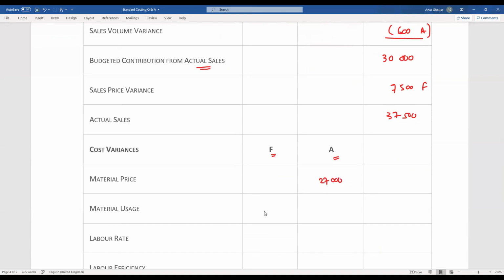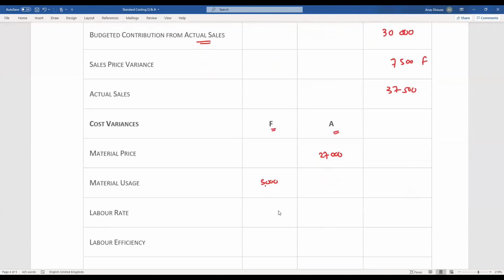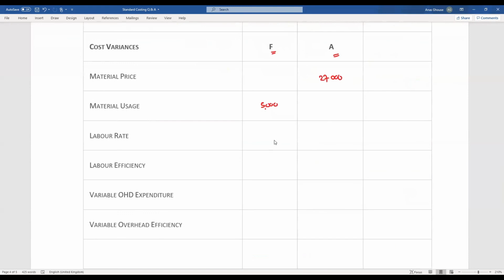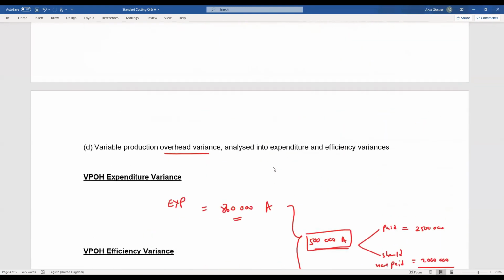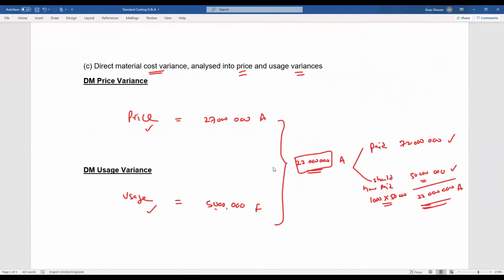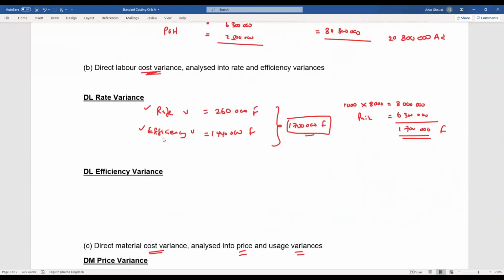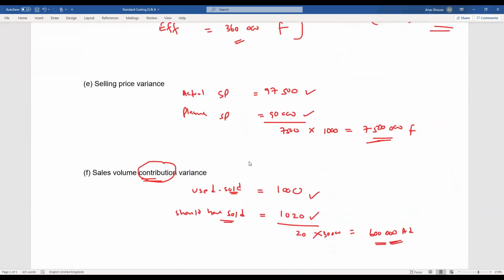We'll take it in thousands. Then we'll move on to labor rate and labor efficiency. That also we have already calculated. Labor rate variance is 260,000 and efficiency is 1,440,000.